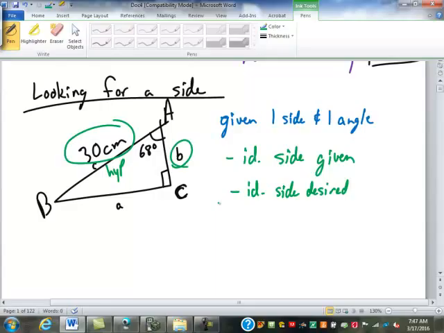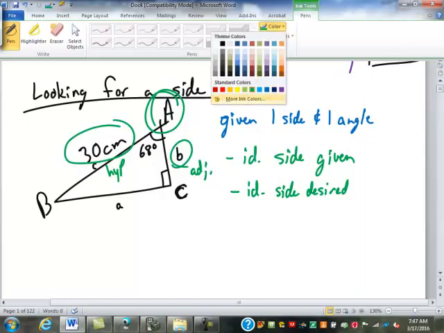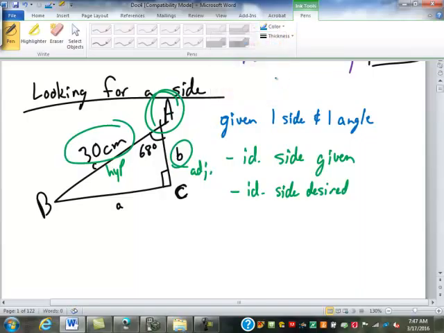We said that was this side that we were looking for over here, side B. That is, according to the angle we're given, if we're given angle A, side B would be the adjacent side because it's next to that angle. So we have hypotenuse and adjacent. Could be a secant, but that's not on our calculator. What else could it be? Cosine of an angle is adjacent over hypotenuse.